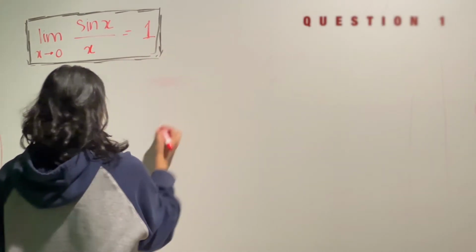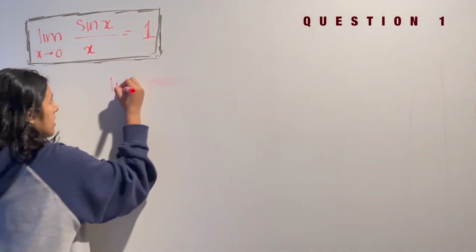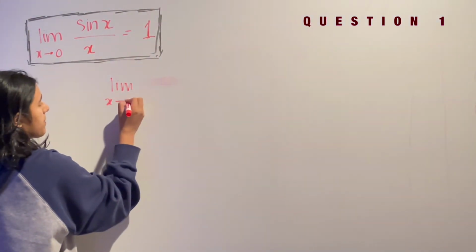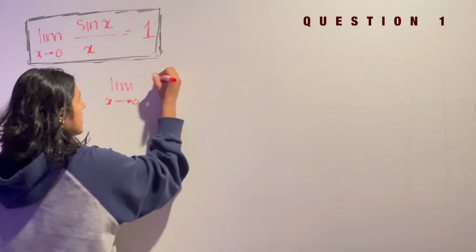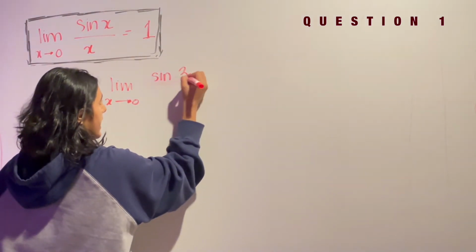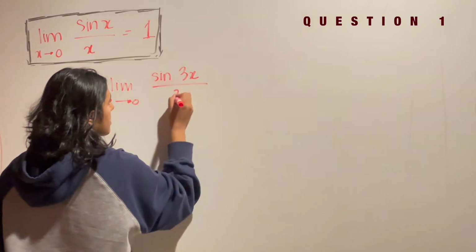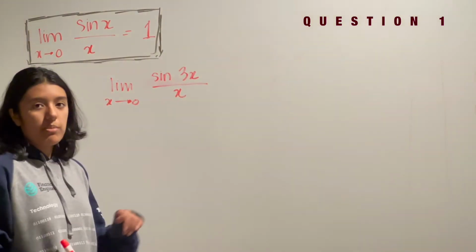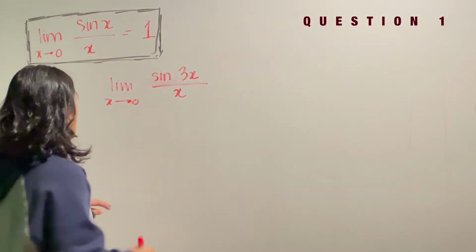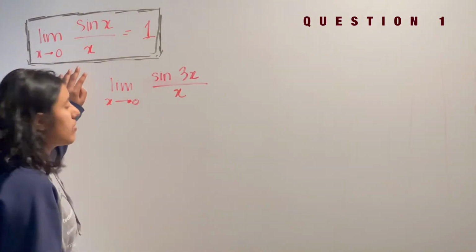Alright, so now for another example, let me write it over here. Let's say you have the limit as x tends to 0 of sine 3x over x. So how do we approach this? Well, we have to make use of our formula right here.